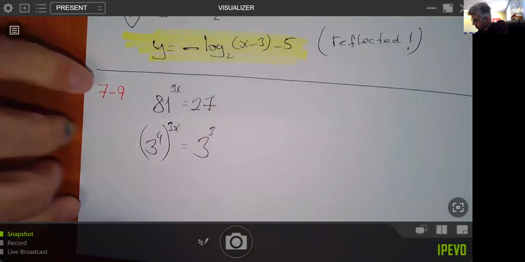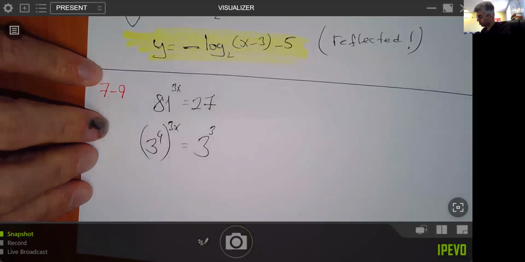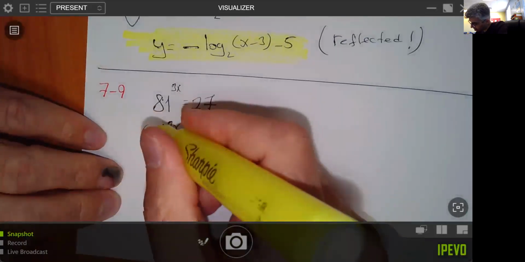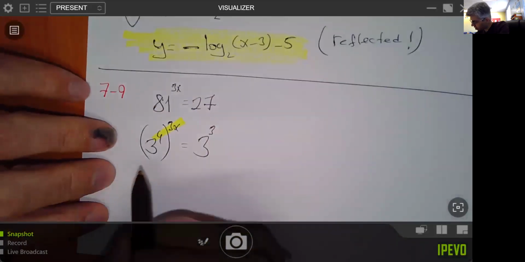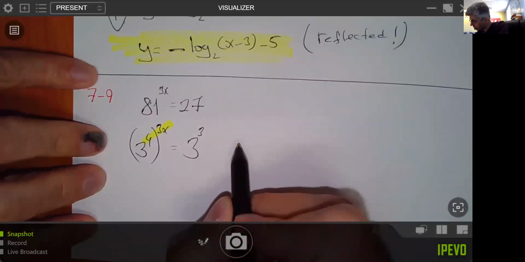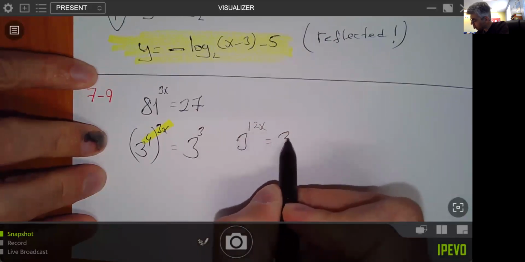So guys, if 27 is 3 cubed, okay, what do you see here? We have power of power. What we do? We multiply them, right? So it's 3 to the power of 12x equals 3 cubed.